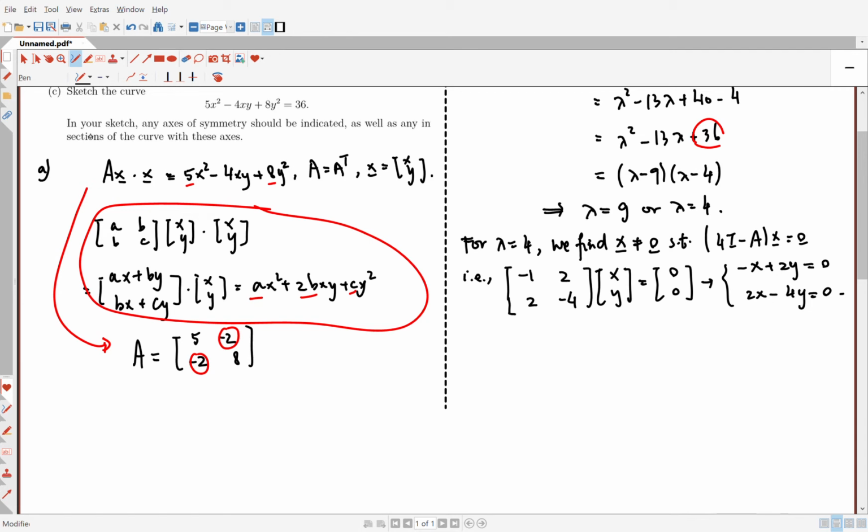And again we see that this equation is just the same as this equation, because you can just multiply by minus half and you will get this. So this is sort of useless.